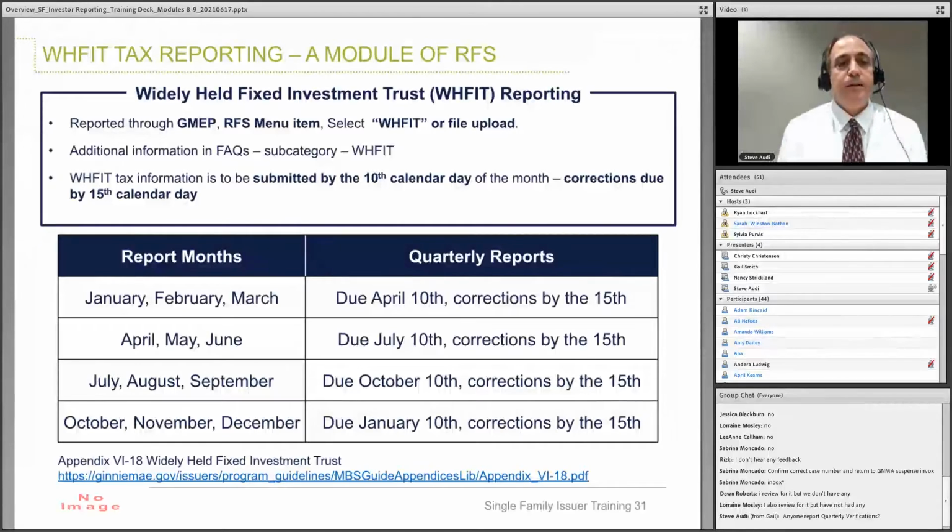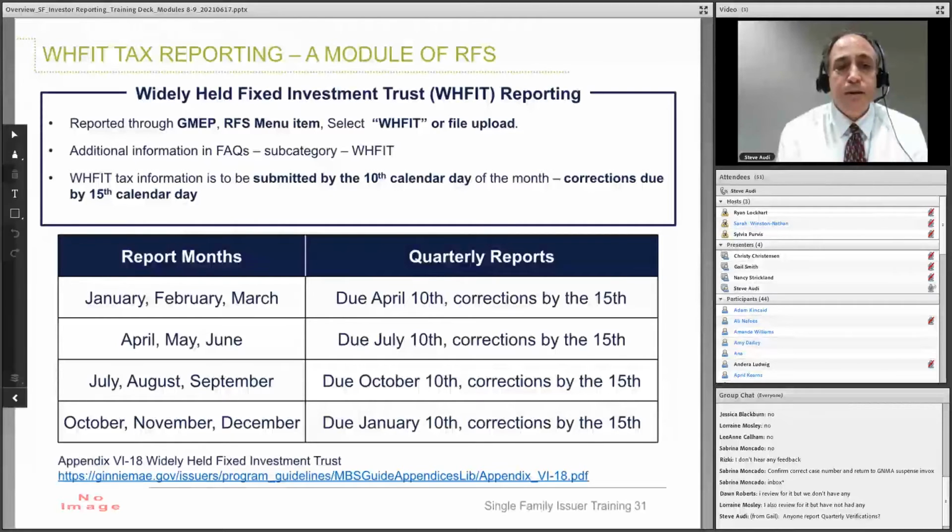Now in this box that we have at the top here, actually first, Sarah, if you could turn on the annotation tool and put a check mark if you believe that WithIt reporting is mandatory, and put an X in this box if you think that it is not mandatory.